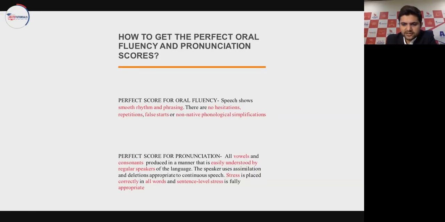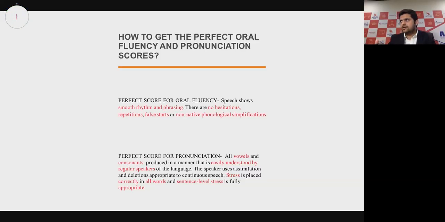And finally, it is very important to place stress correctly on all the words, and place the stress within the sentence. What we mean by this is that you stress the keywords.